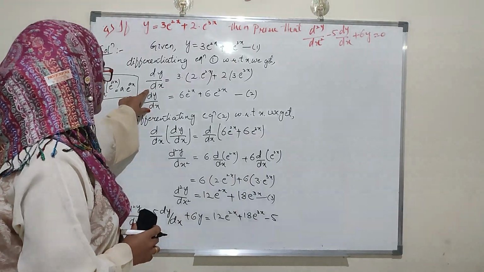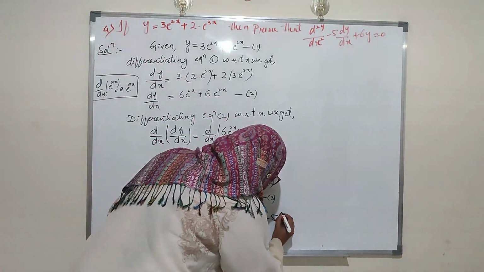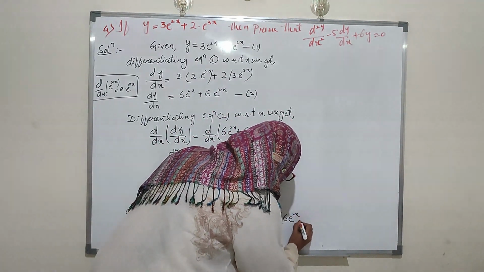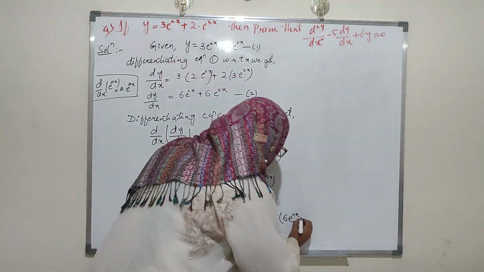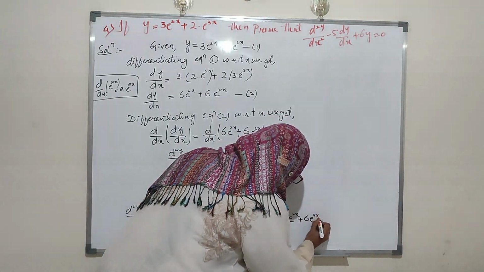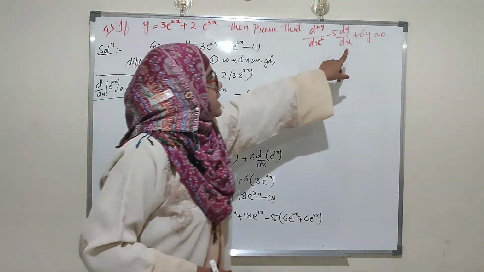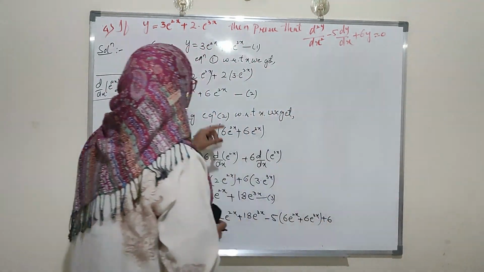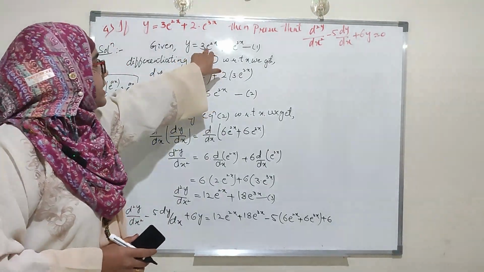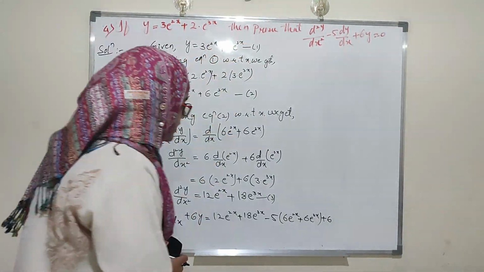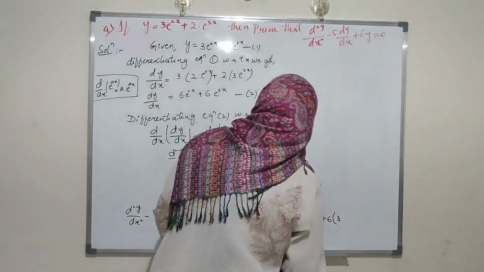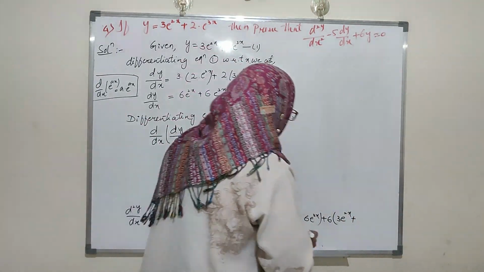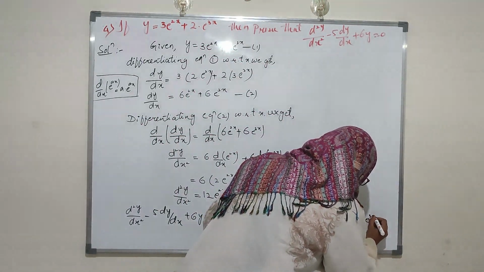What is dy/dx? From equation 2, I am writing 6e^(2x) plus 6e^(3x). Plus 6y. What is the y value? y is given to you as 3e^(2x) plus 2e^(3x).